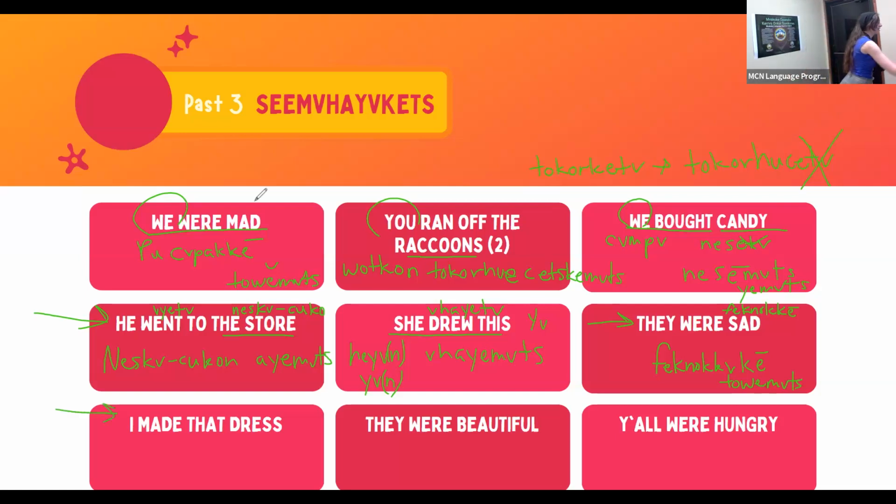Okay, I made that dress. So to make something is hayada. Right? That is ma, and dress is homuna. So make that one. I made that dress. So first, because it says that dress, I'm going to specify that dress versus a different dress.